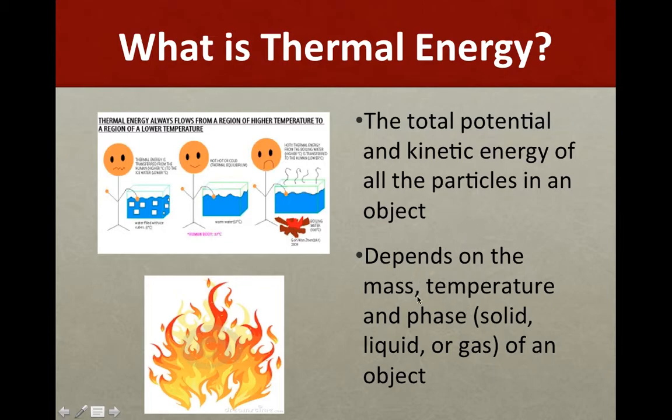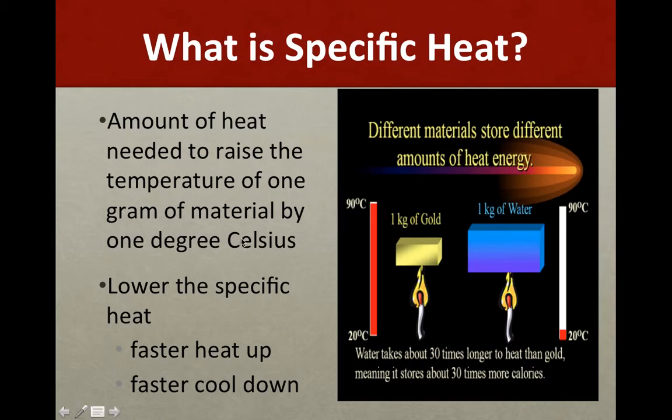And a lot of this is determined on how much mass an object has and its actual temperature and also what phase it's in. So solids are a little more compact, and gases actually have the greatest amount of thermal energy. They have that ability to move in there. They're not locked in, okay?